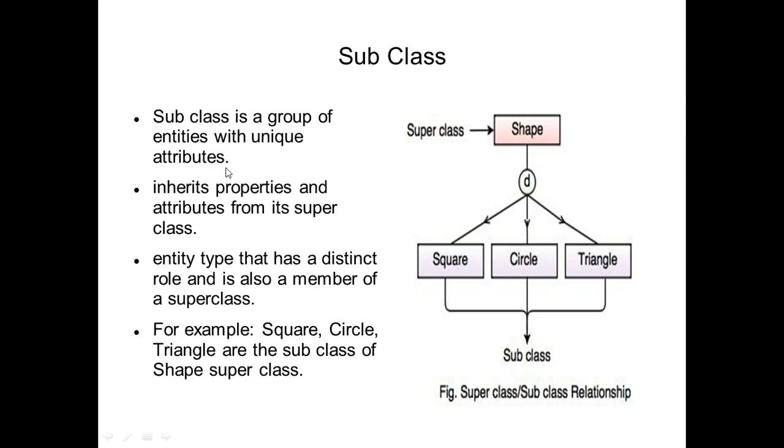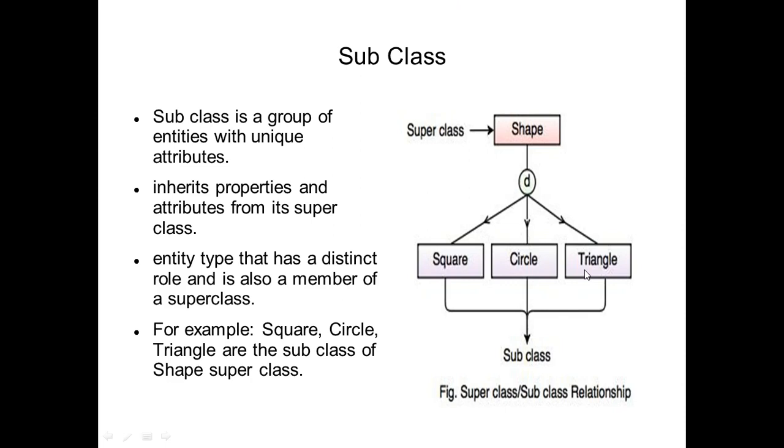Means subclasses can inherit from the superclass or parent, plus they can add their own attributes. Then subclass is the entity type that has a distinct role, and it is also a member of a superclass. Means it can perform a separate role, but it is part of the superclass.